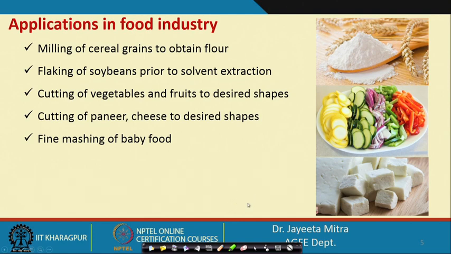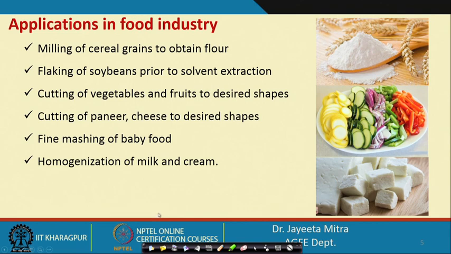Fine mashing of baby food, because babies do not have the teeth for chewing, so we need to finely mash them, and the companies which prepare baby food products do it by proper size reduction. So, these are the commercial applications.